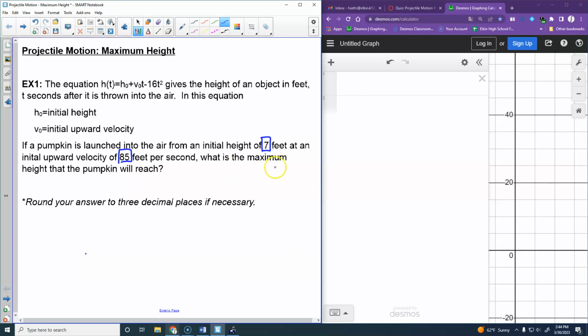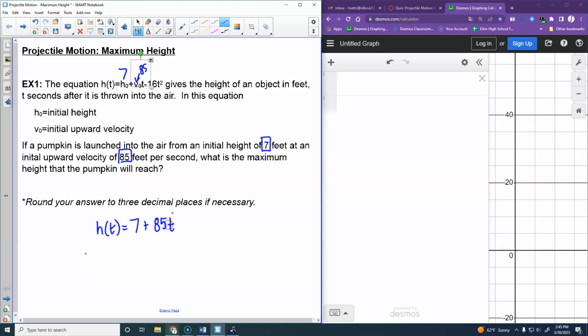So we'll start with our equation. Where should my 7 go? Okay? Initial height is h sub 0, so I'm going to put a 7 right here for my h sub 0. What is the 85? V sub 0. Goes right here. So it'll look like this. H of t is going to equal 7 plus 85.